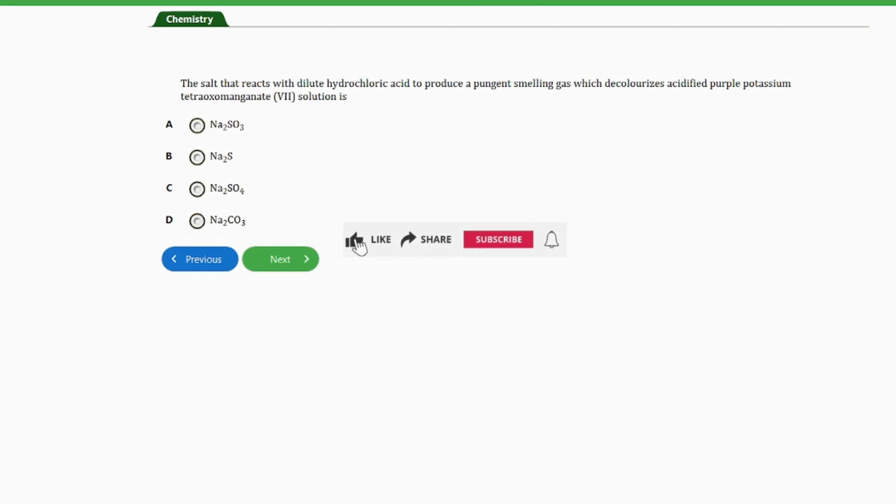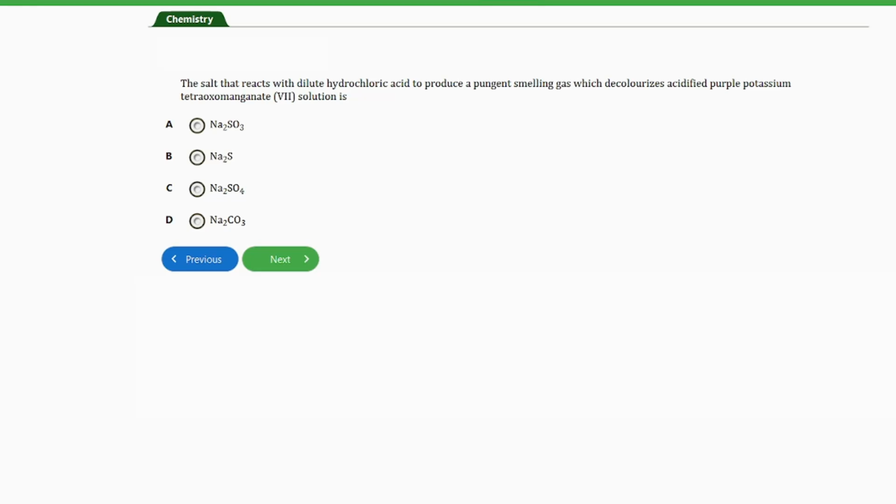So let's look at the next question, question number 5. The salt that reacts with dilute hydrochloric acid to produce a pungent smelling gas, which decolorizes acidified purple potassium tetraoxomanganate 6 solution, is A, sodium trioxosulfate 4.